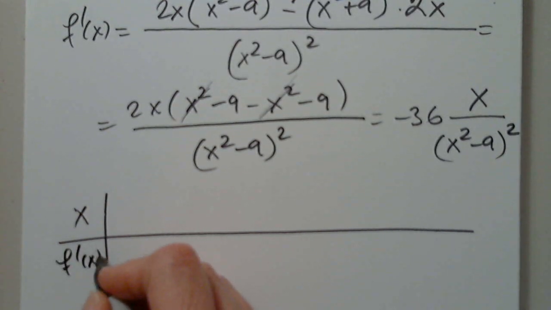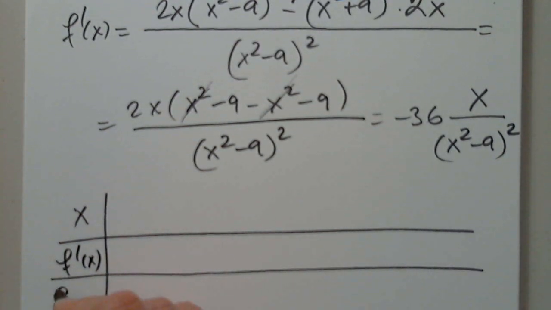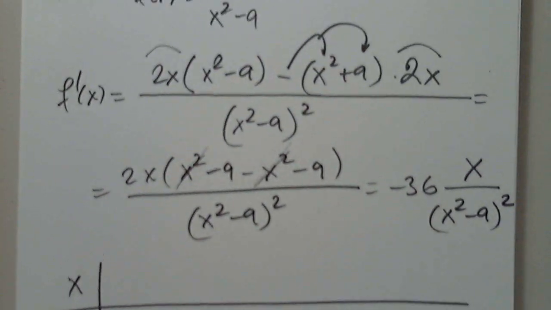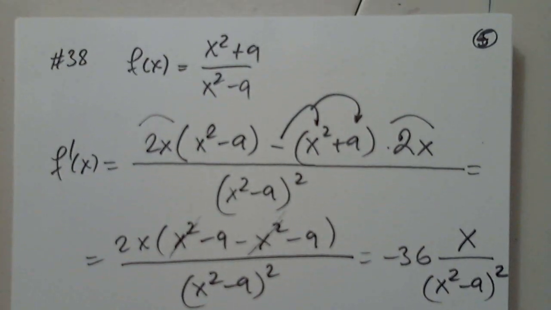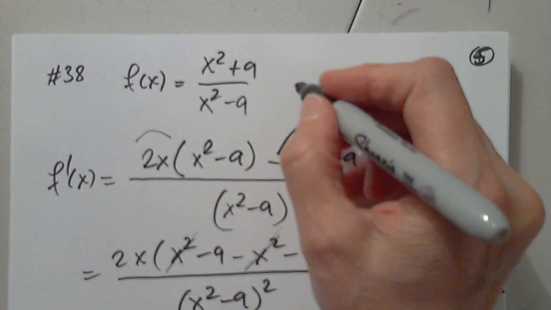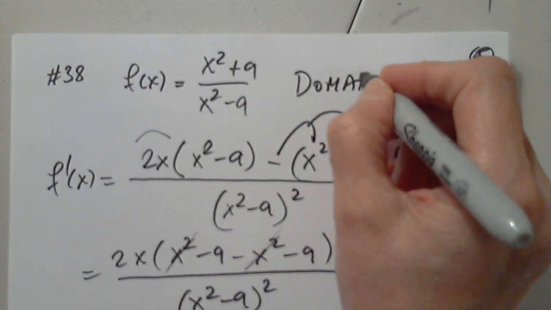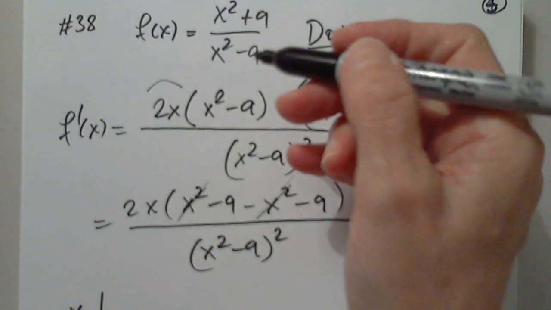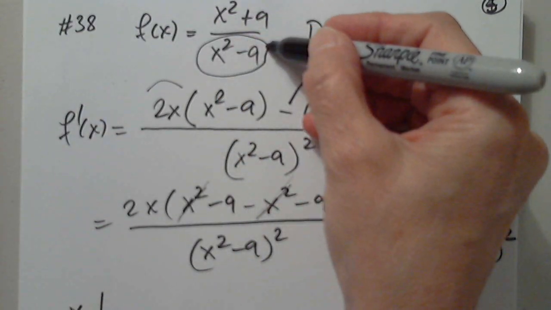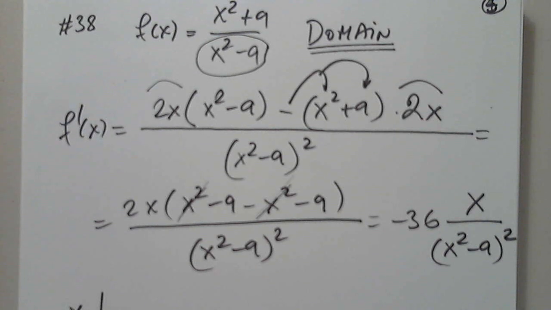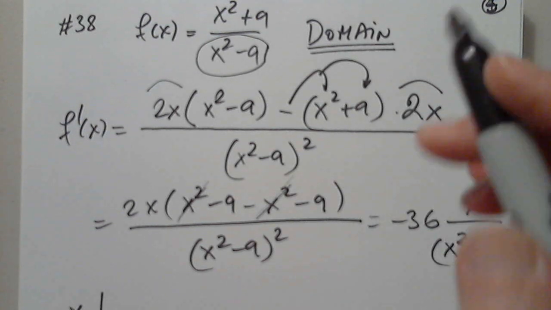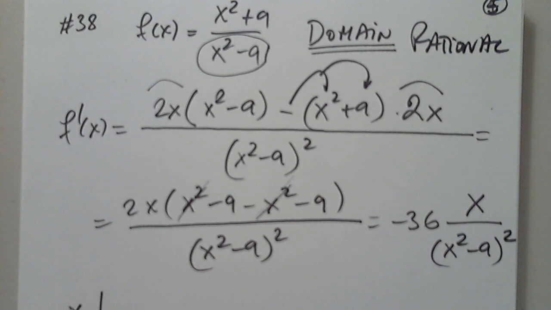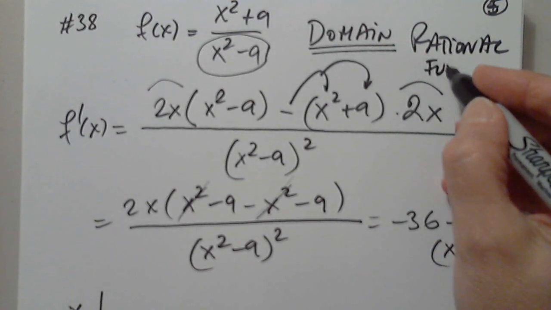So now I start my table with f prime first and f of x second. Now I have to be careful. We will always do this. I need a domain. I need to put the domain for x. Can anyone tell us what the domain will be for a rational function?